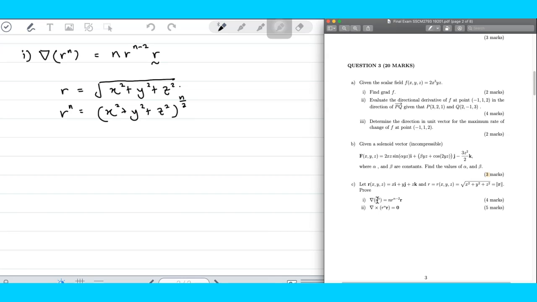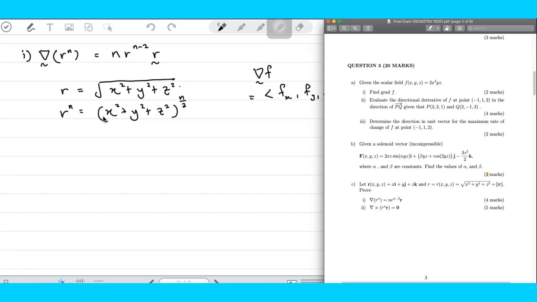Now you have to find the gradient. This is a scalar field. Remember last time, if you have the gradient of f, then the answer is a vector whose components are fx, fy, fz.